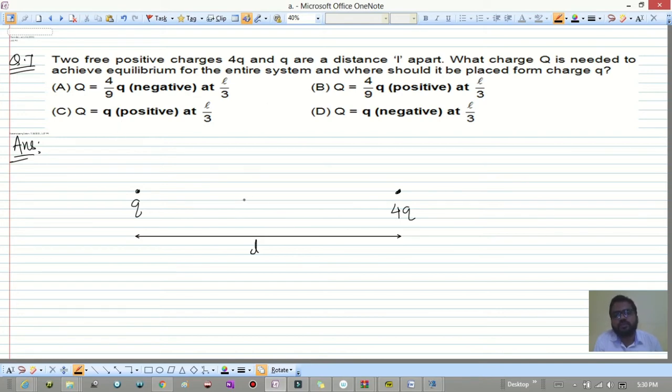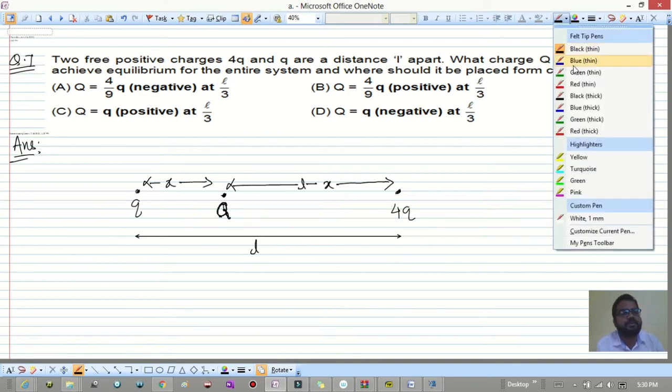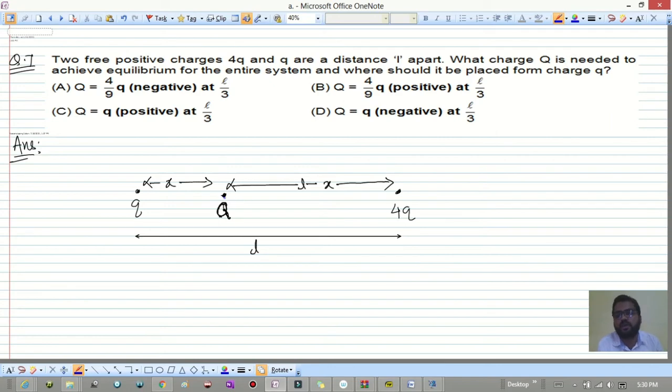So if we place the charge somewhere at a distance of x from small q, then the other distance must be L minus x, isn't it? If we consider capital Q as a positive charge, then what will happen?